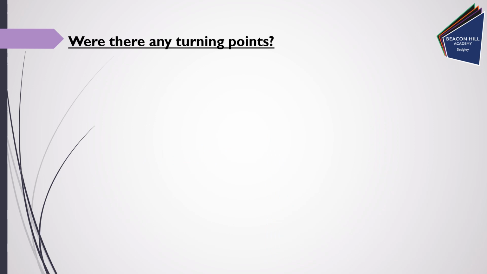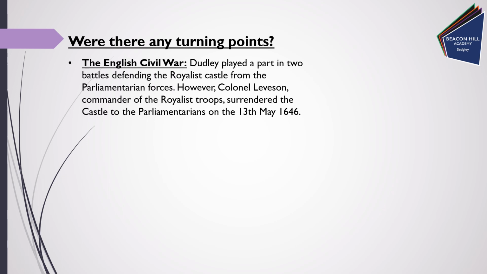In terms of the turning points during this time period, we have discussed these on previous slides, but if you've got a question relating to turning points, you could speak about these events. So firstly, as we've discussed the English Civil War, Dudley played a part in 2 battles defending the Royalist castle from the Parliamentarian forces. However, Colonel Leveson, commander of the Royalist troops, surrenders Dudley to the Parliamentarians on the 13th of May 1646.